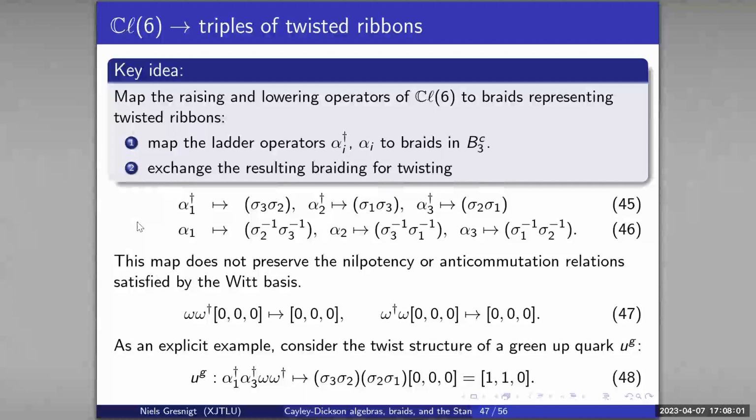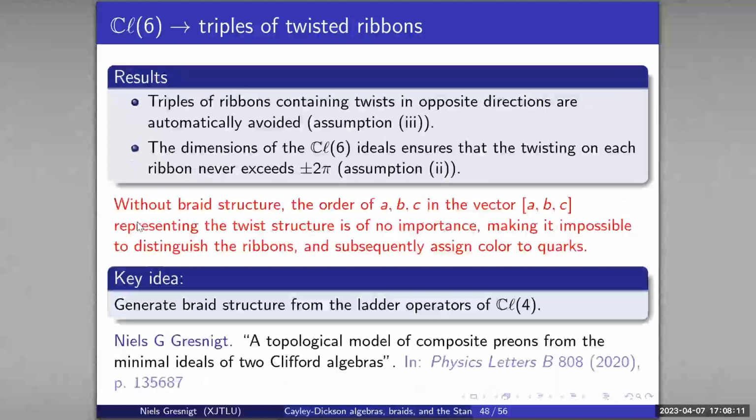And if we look at what happens to the primitive idempotents, they just turn out to give you the identity. So it doesn't do anything. So this is really interesting, because it seems then that if the triples of ribbons, they're containing the twists in opposite directions, are automatically avoided in this approach if you start with the minimal ideals of CL6, which you will recall was one of the assumptions that has to be made for the Helon model.